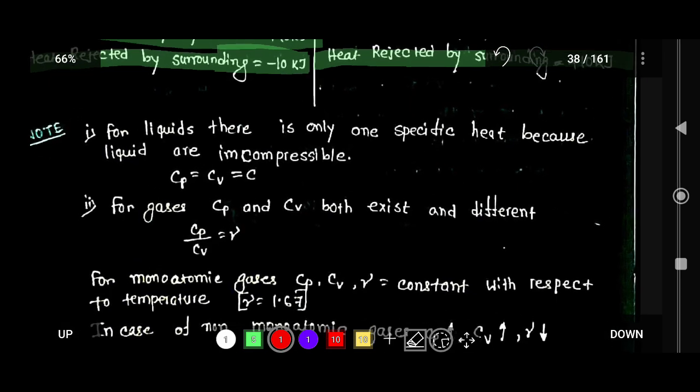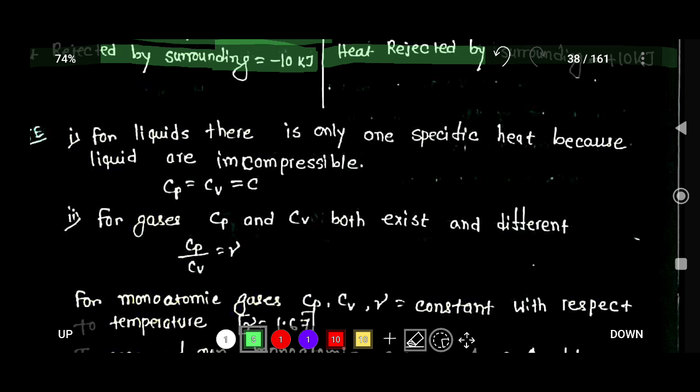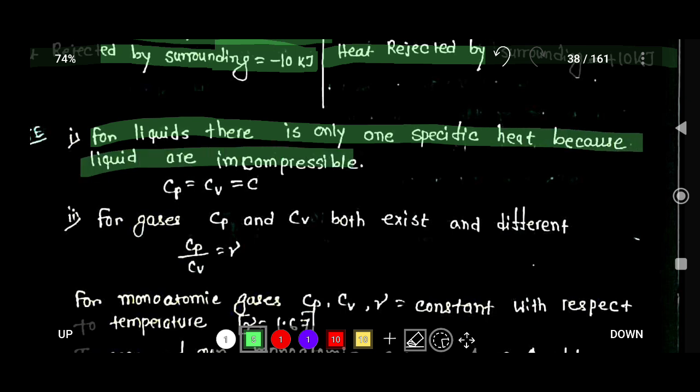Now note the first point: for liquid there is only one specific heat, because liquids are incompressible. So when there is a liquid, there is no concept of Cp, specific heat at constant pressure, or Cv, specific heat at constant volume. Only the specific heat term comes into the picture.